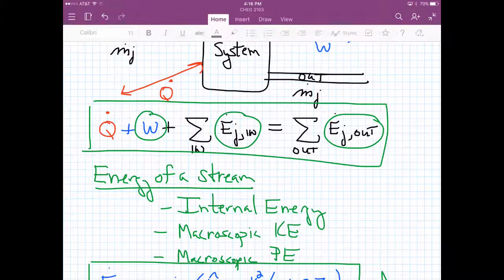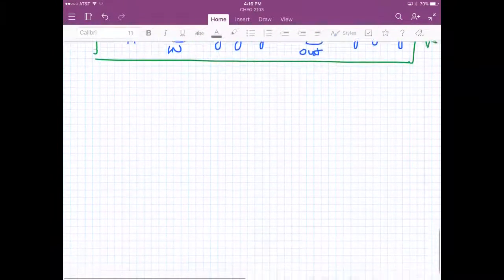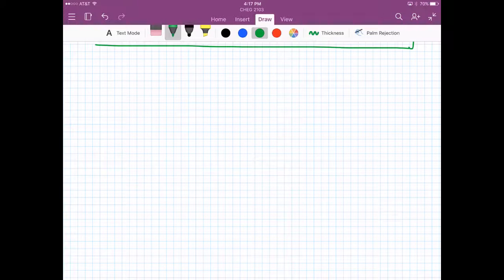So if I do all this, this is going to be a big equation.